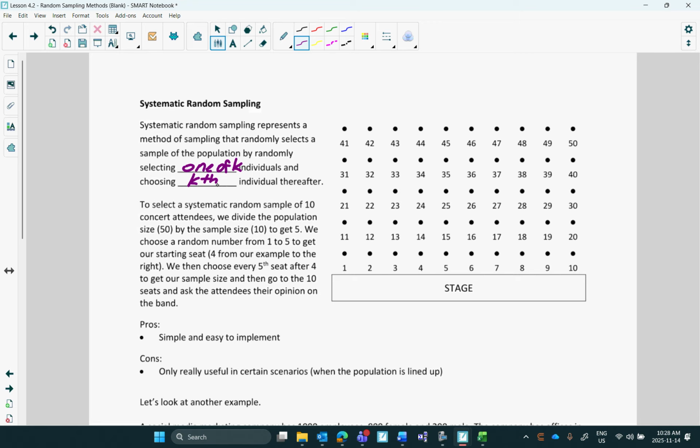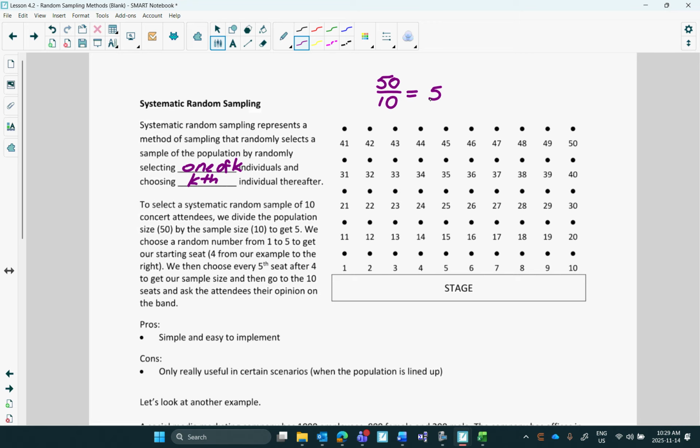So how do you figure out what person to start with and how many you go until you select the next one? You take your population size, 50, and I want a sample of 10. Think of it like you've got 5 groups of 10.